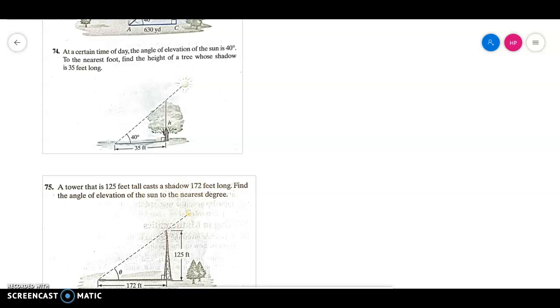Number 74: at a certain time of day, my angle of elevation is 40 degrees. To the nearest foot, find the height. Shadows are on the ground, so my shadow of 35 is my adjacent side. My height is opposite my 40 degrees. So I am looking at the tangent of 40 being equal to h over 35.